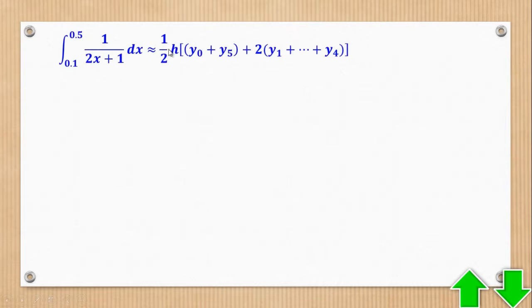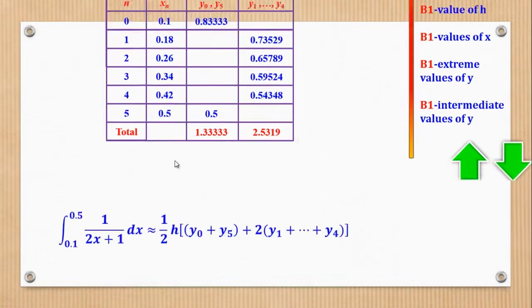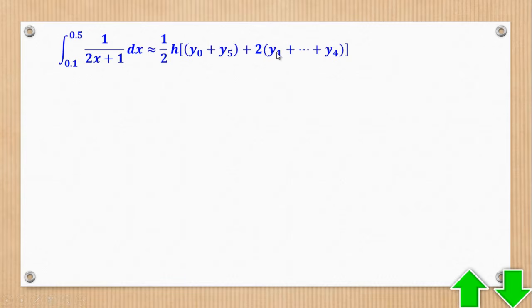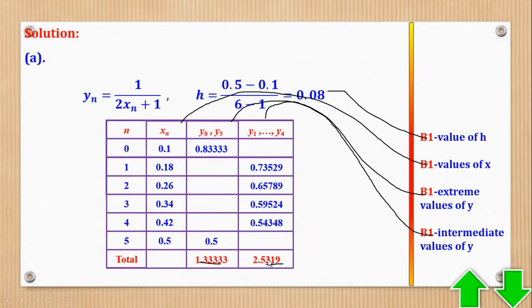So we have to remember this formula. This is the formula for the trapezium rule which we derived, but if you forget it, just remember that it is available in the mathematical logbooks. Now the y0 plus y5 is this sum, 1.33333, and this sum from y1, all these intermediate values, their sum is given here, and that is 2.5319.